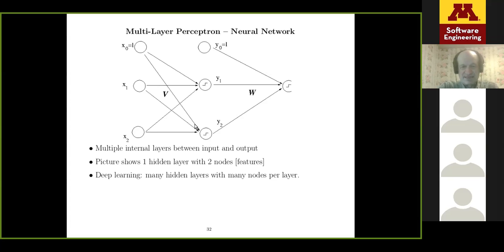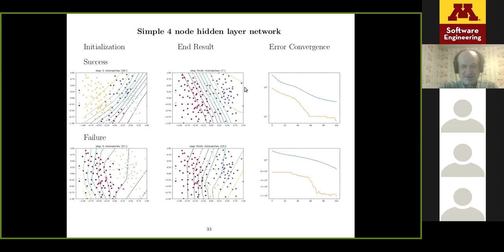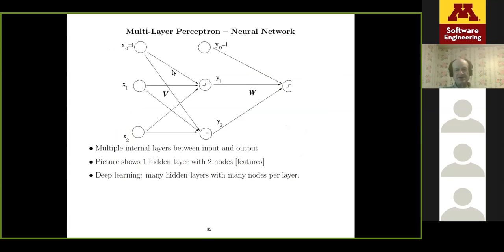The local minimum in this particular node would be different from the local minimum from this particular node, because the W's are very different, and it would send the weights and the V's to different places. The error function being applied at this y1, y2 is no longer just a simple mismatch function, but it depends on the error function all the way at the bitter end here.